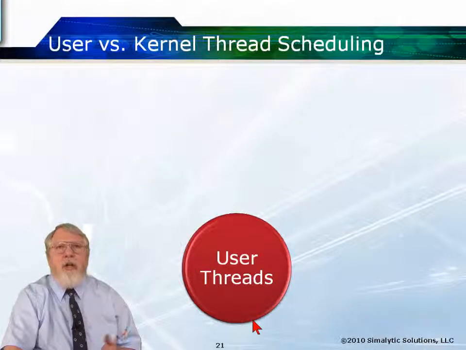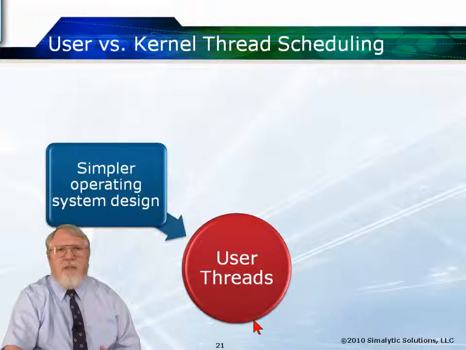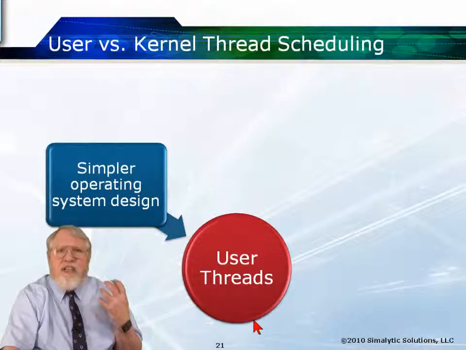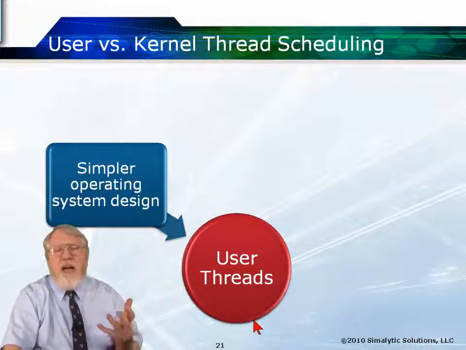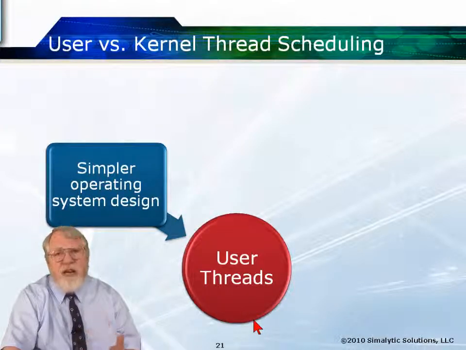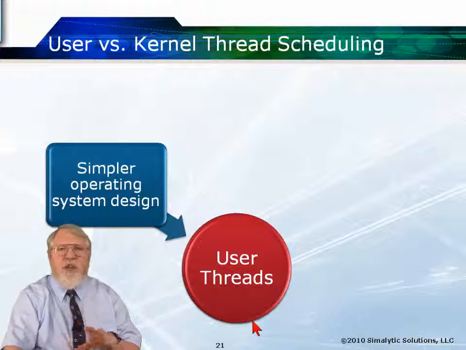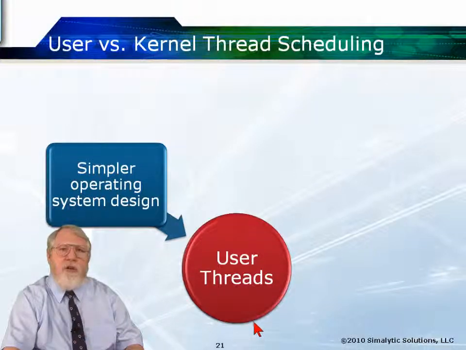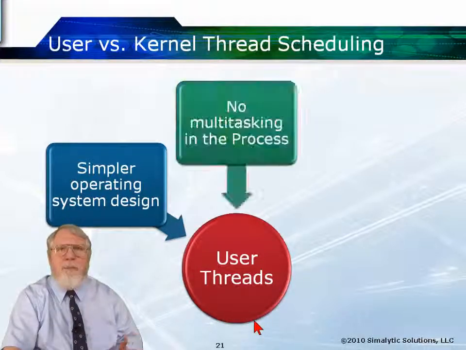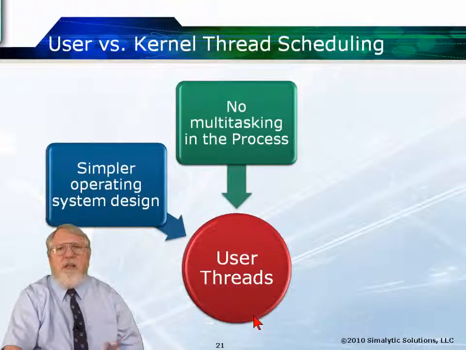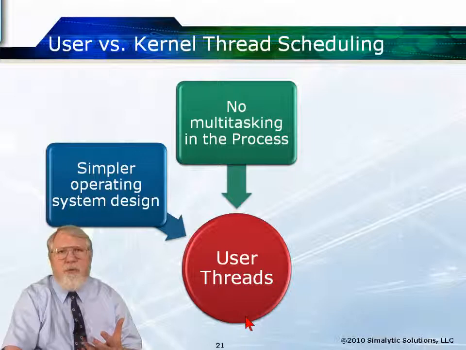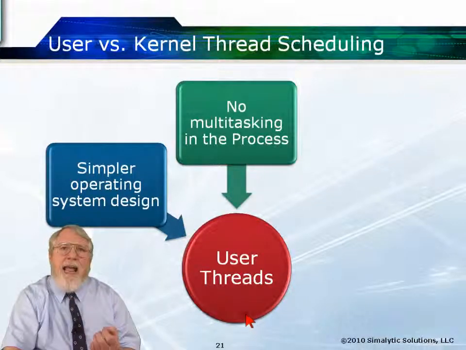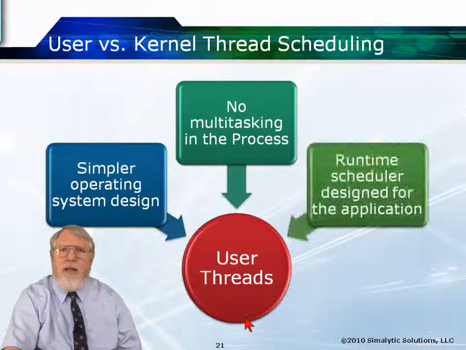Now, when we look at kernel versus user thread scheduling, we see that it's simpler to design an operating system that doesn't have to worry about threads, that just allows any threads to be user-level threads. It makes a simpler operating system, but there's no multitasking in the process.